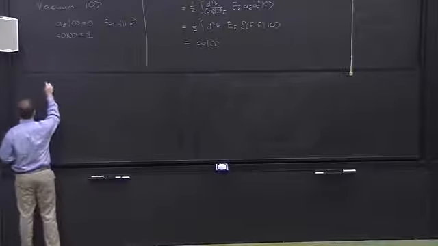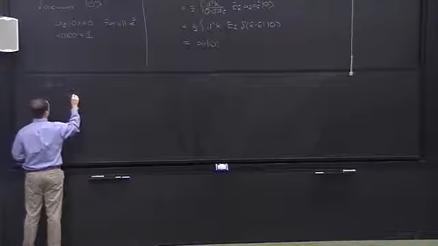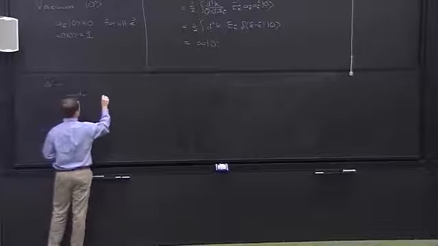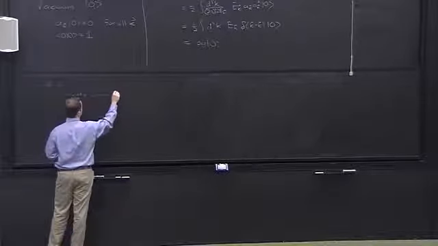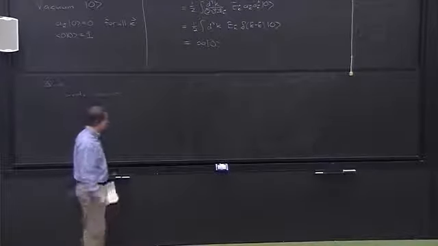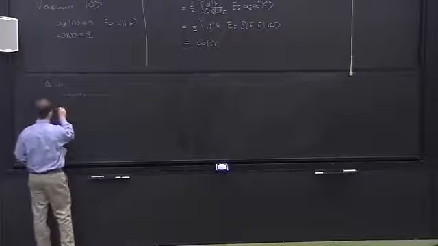So delta is Lorentz invariant. Second, we notice that it is an operator. Sorry, a number, not an operator.